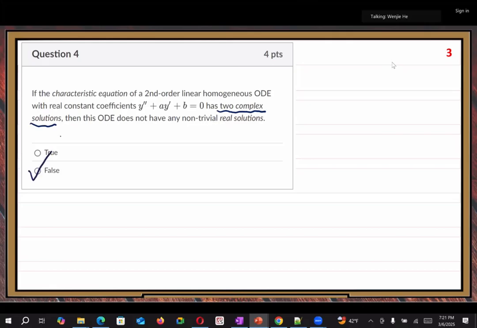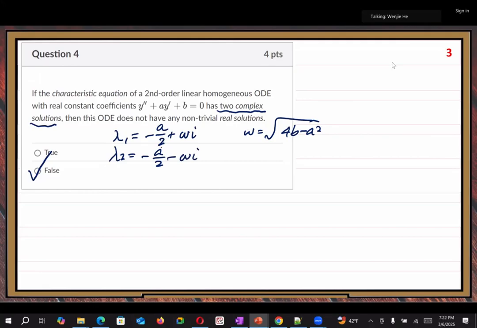We know we can get the two equivalent sine and cosine solutions. Here, the characteristic equation has roots lambda 1 equals negative a over 2 plus omega i, and lambda 2 equals negative a over 2 minus omega i.